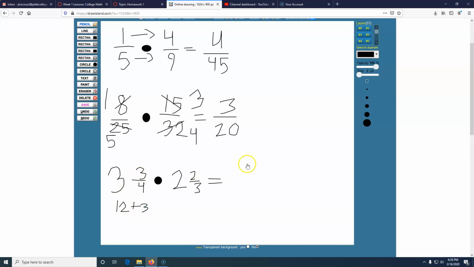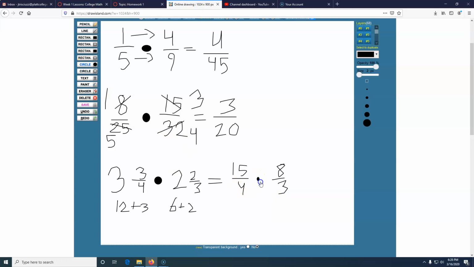So this problem ends up becoming 15 over 4. 2 times 3 is 6, and then 6 plus 2, that's going to give us, for the second one, 8 over 3.